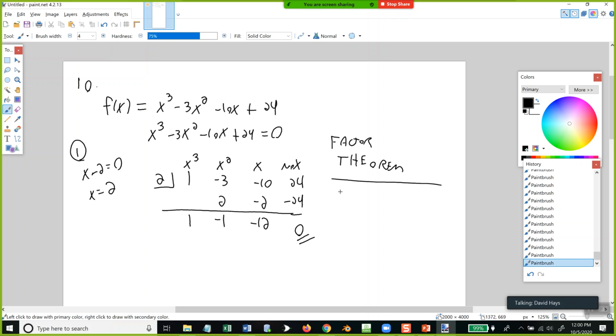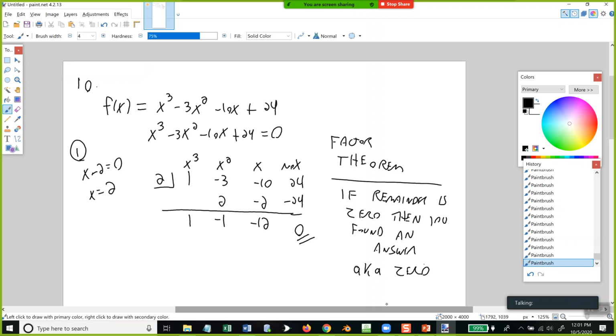And it says, specifically dealing with this process, if the remainder is 0, then you found an answer, another name for answer, aka a 0.